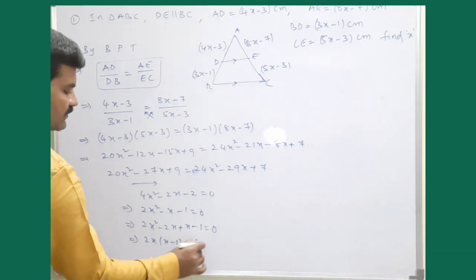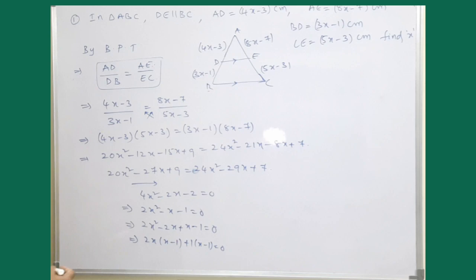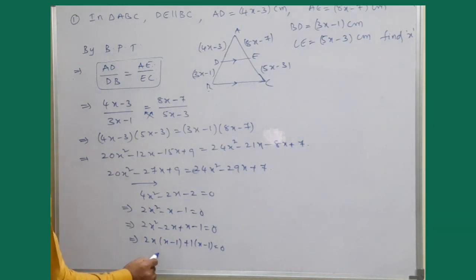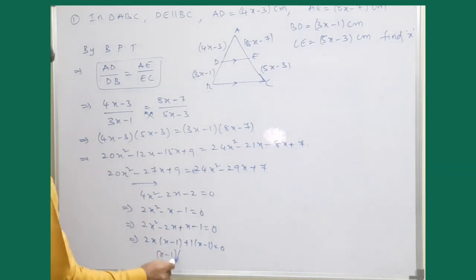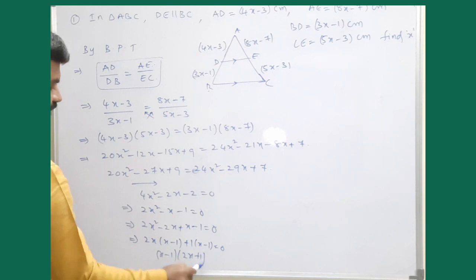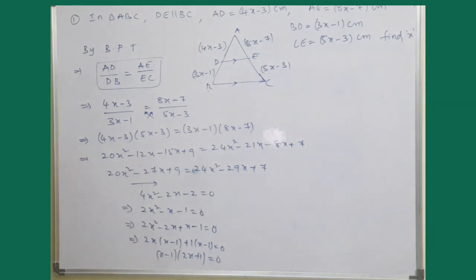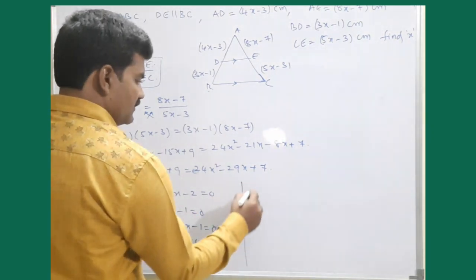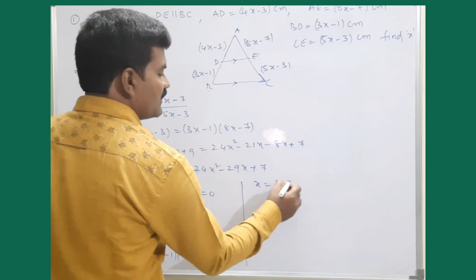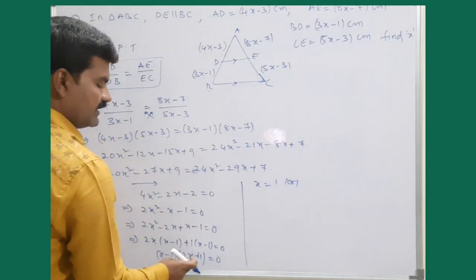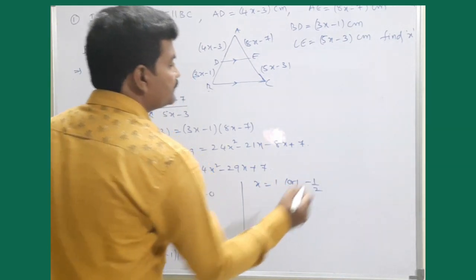After taking plus 1, you will be getting again x minus 1. So if you take x minus 1 common, then 2x plus 1 is equals to 0. So actually we are getting x is equals to 1, or on equating, minus 1 by 2.